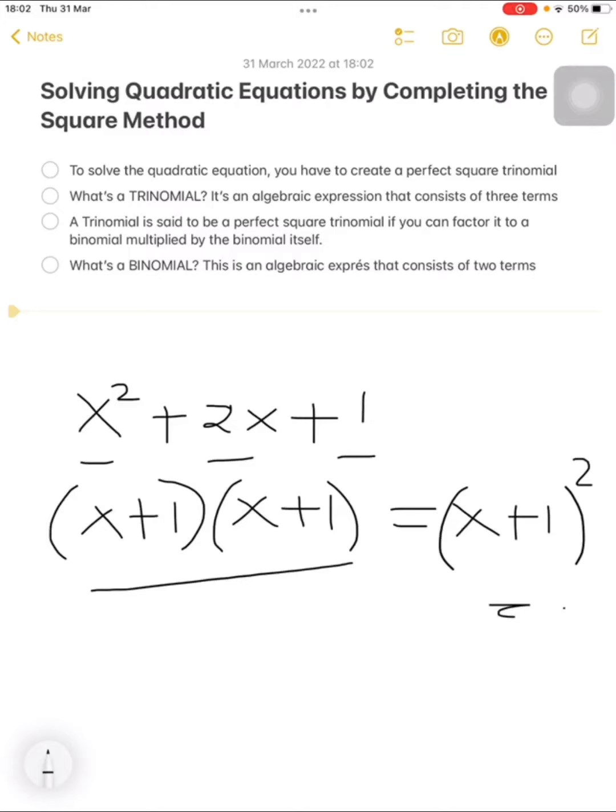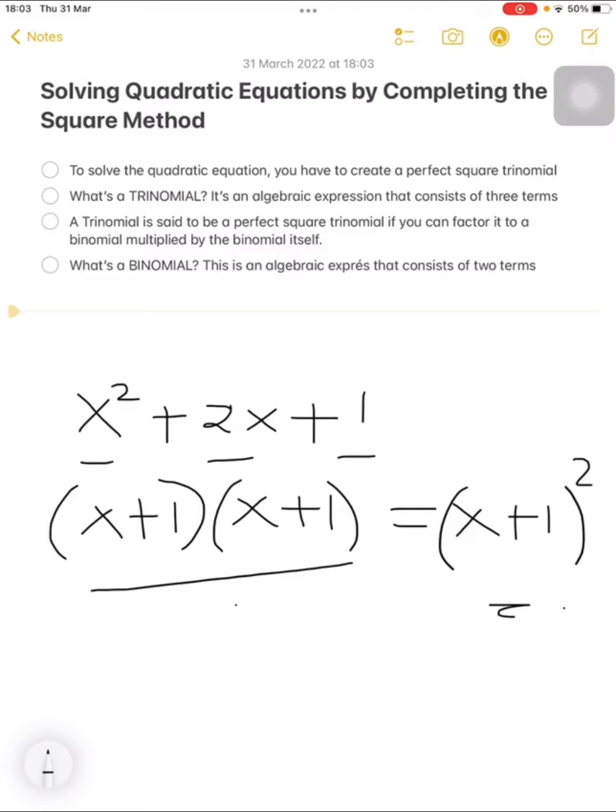Then maybe you might ask yourself, how is this a trinomial? It will be a trinomial because if you expand and multiply this, we have x plus 1 squared, which is the same as x plus 1 multiplied by x plus 1. So if we multiply these two, we will end up getting an algebraic expression which has three terms.